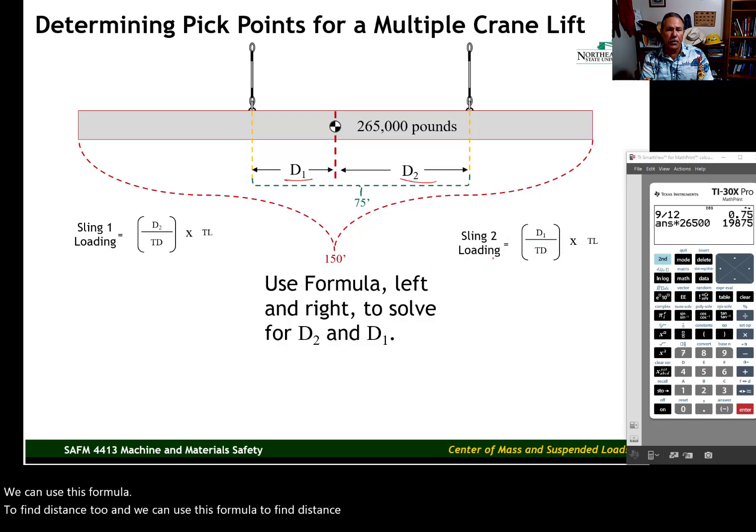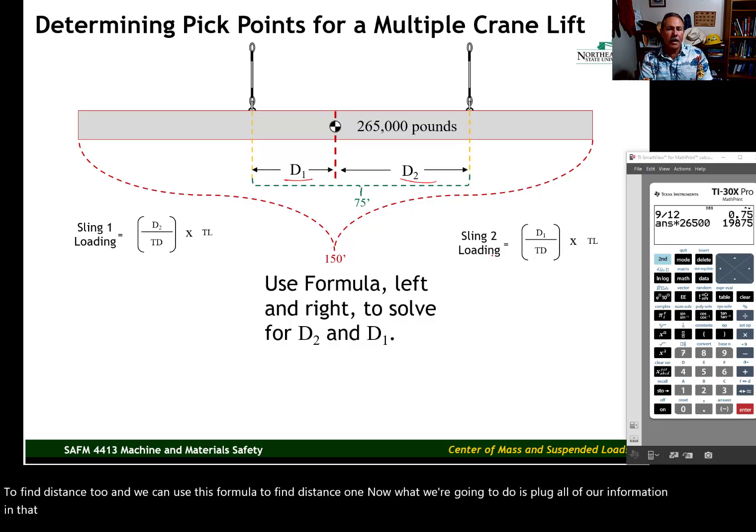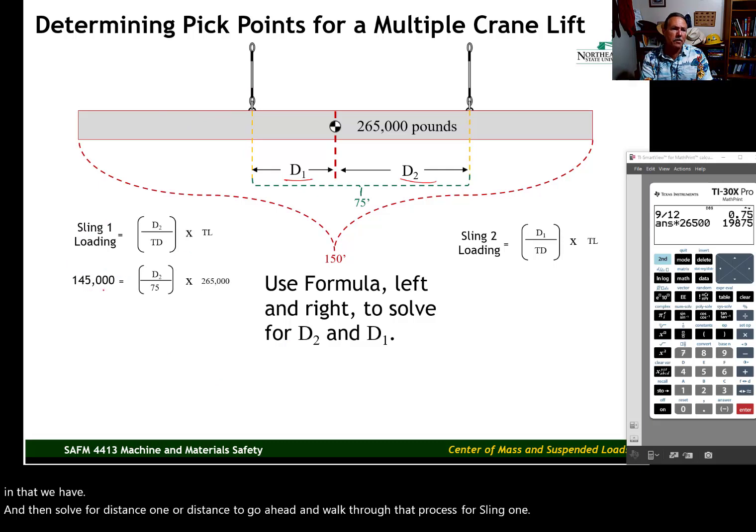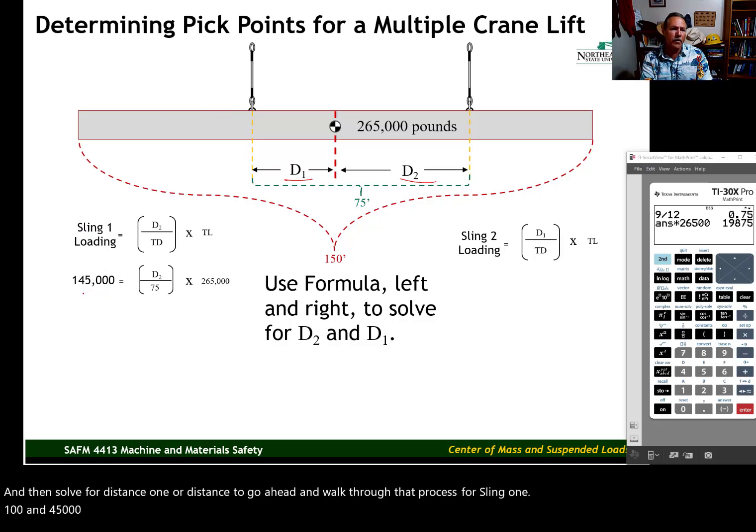What we're going to do is plug all of the information we have into the formula and then solve for distance 1 or distance 2. Let's walk through that process. For Sling 1, 145,000 pounds is our max, so we're going to set that as our loading for Sling 1.